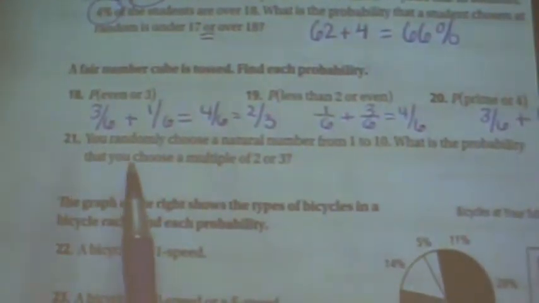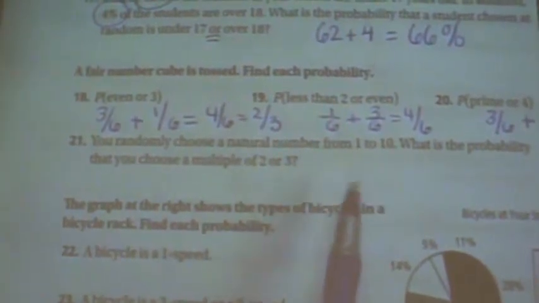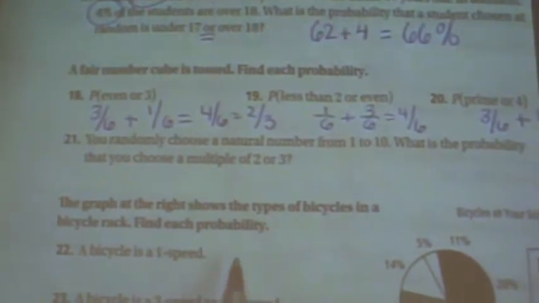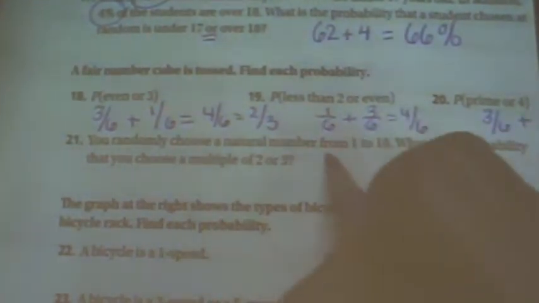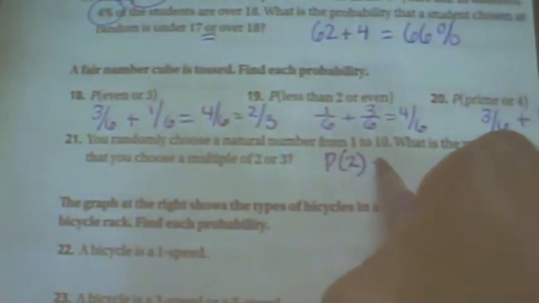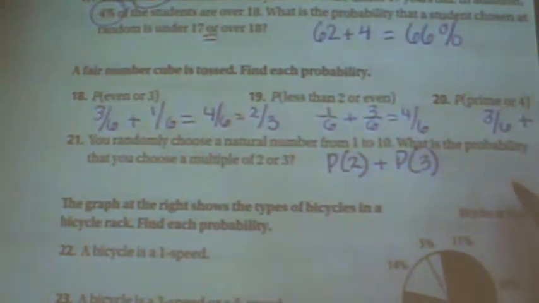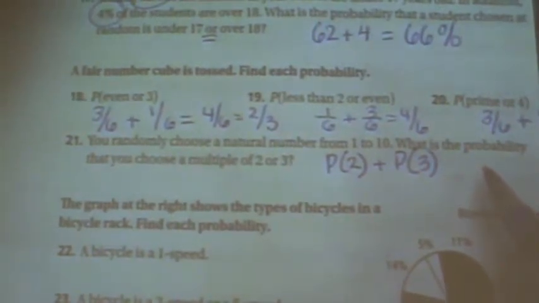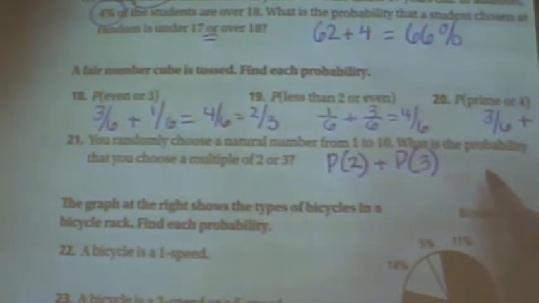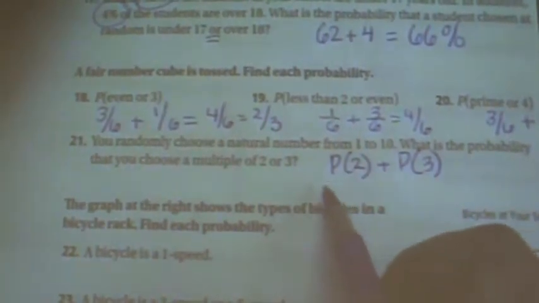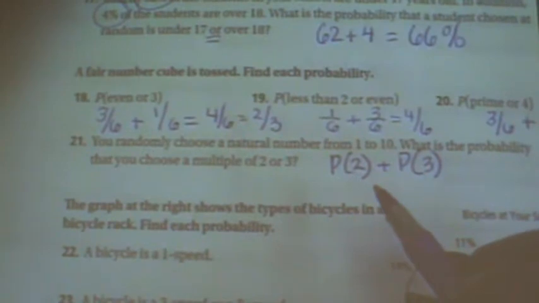Next one. You randomly choose a natural number from 1 to 10. What's the probability that you choose a multiple of 2 or 3? Probability of a 2, probability of a 3, and is this mutually exclusive or inclusive? Can you pick a number from 1 to 10 that is a multiple of 2 and 3? Isn't 6?